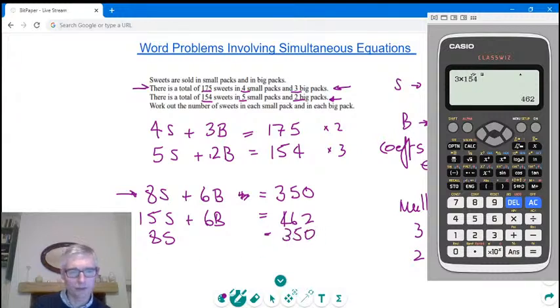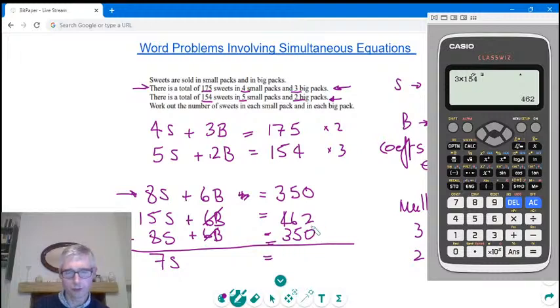So subtract this 8S plus 6B from the line above. We do that, we get 7S, the B's cancel, which is what we want, and that's equal to 112. You can see that 0 from 2 is 2, 5 from 6 is 1, 112 there.